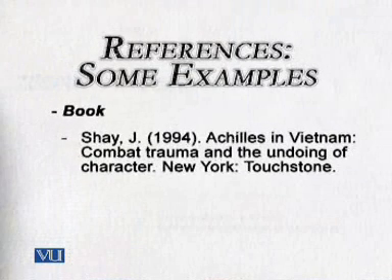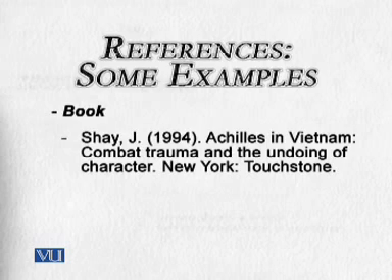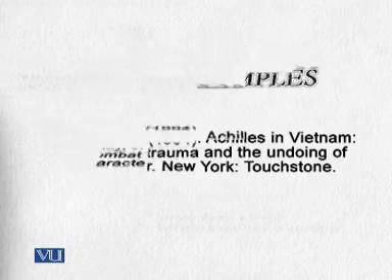After the author's name will come, of course, the year of publication, which I have mentioned, let's say, in brackets, 1994. And then comes the title of the work, Achilles in Vietnam: Combat Trauma and the Undoing of Character. Now, you have seen this title is divided by a colon, which means major title and minor title.